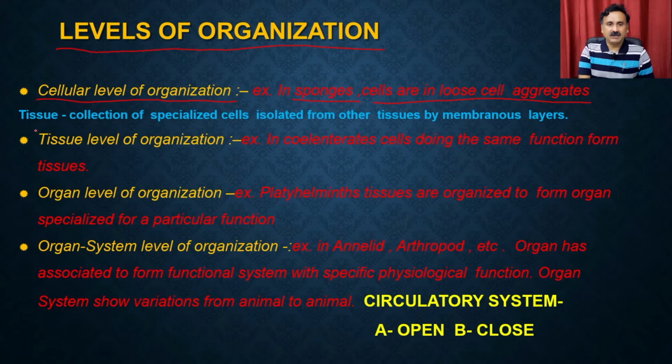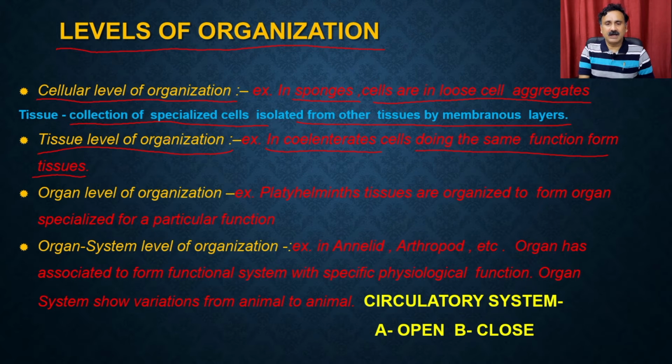Then we have the tissue level of organization. What is a tissue? A tissue is a collection of specialized cells isolated from other tissue by a membranous layer. Examples of tissue level organization are the coelenterates, where cells doing the same function form the tissue, which means that for a particular type of tissue, all the cells come together to perform that particular function.